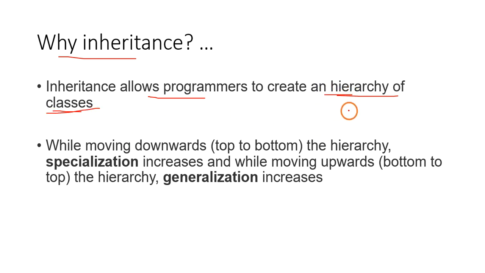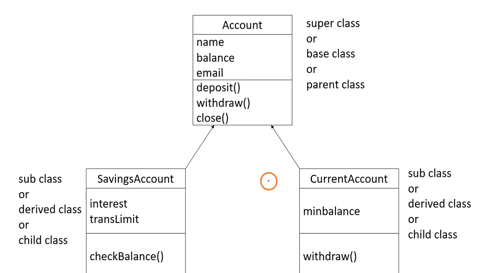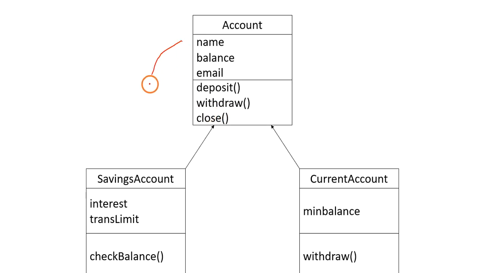So what do you get from this hierarchy? What is the benefit of this hierarchy? The benefit is that when you are moving downwards in the hierarchy, specialization increases, right? And while you are moving upwards from child to root, generalization increases. So when you are moving down the hierarchy, specialization increases. Savings account is a special kind of account, and similarly, current account is a special kind of account.